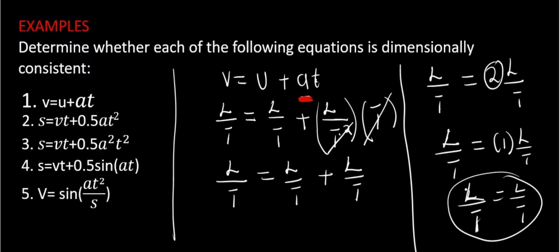But if the right side and the left side are not equal, you conclude that it is not dimensionally consistent. So that's what we do.